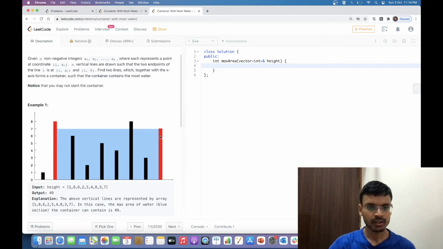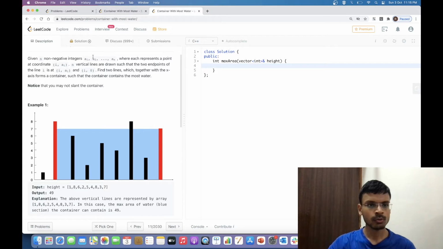So the height of water between these two lines would be 7, and the distance between them would be j minus i. It's basically a rectangle where the length is the distance between the lines and the breadth is the minimum height among those two indices.